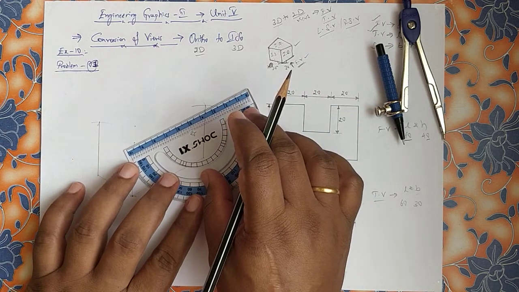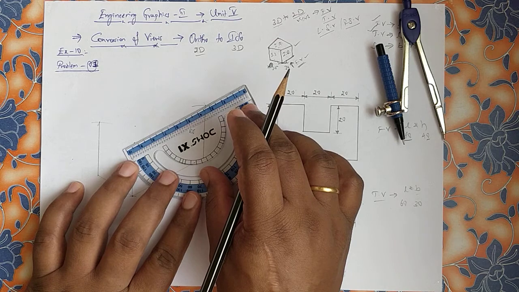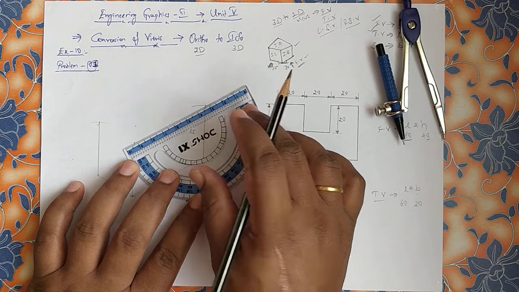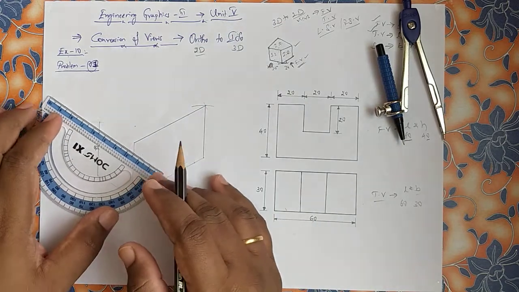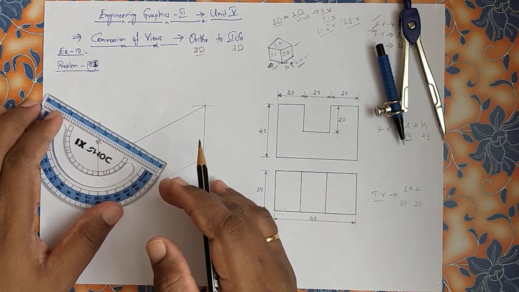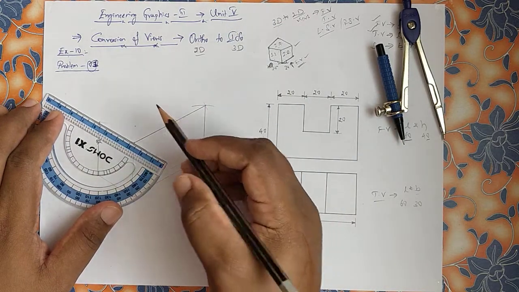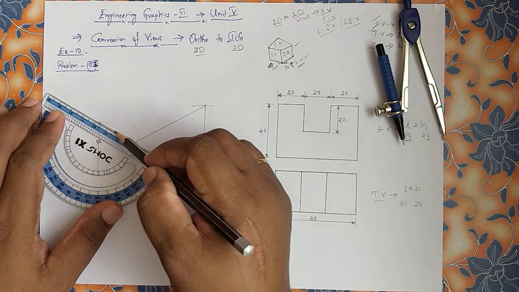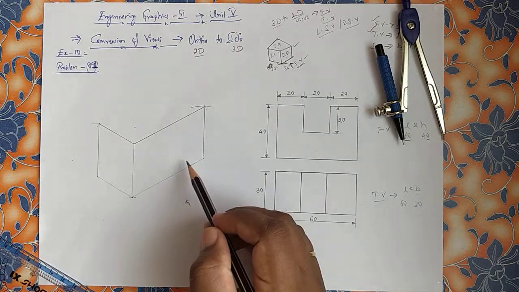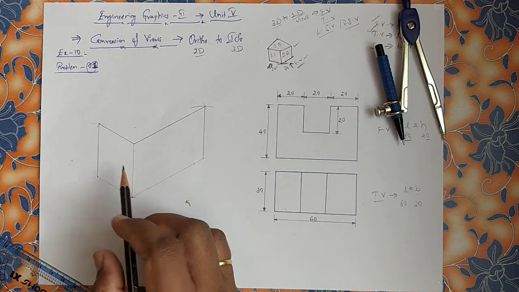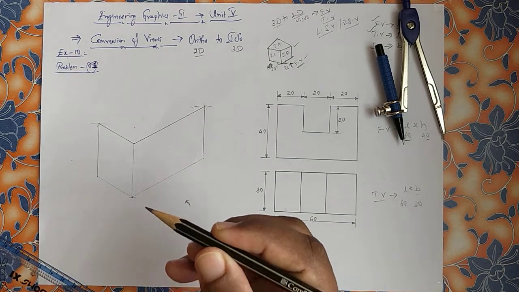Now here, same, try to join the length lines, the breadth lines. See, ISO right I have drawn, ISO left I have drawn. So try to draw lightly.